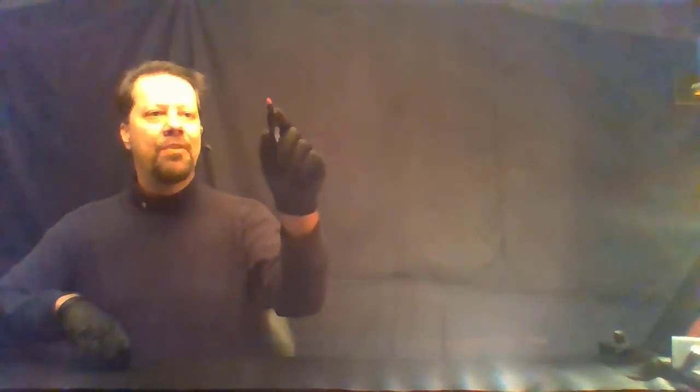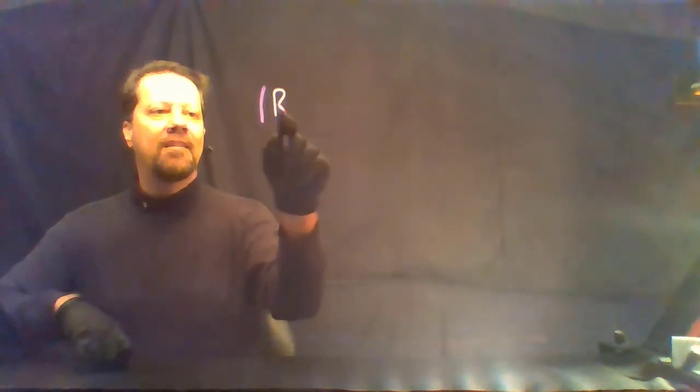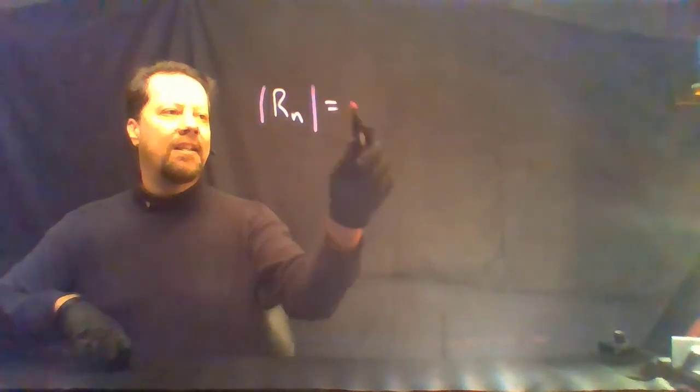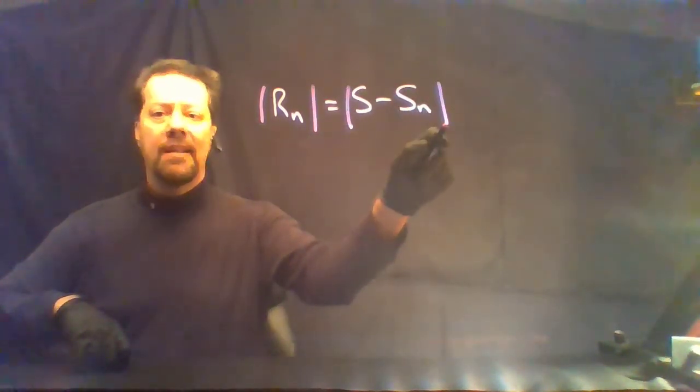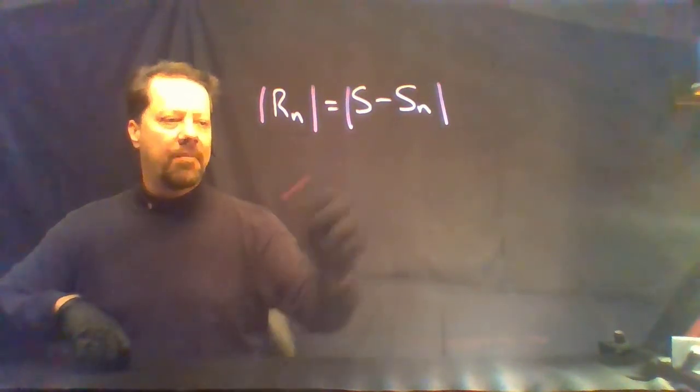Continuing with the proof, you can see that R_n is going to be the sum minus the nth partial sum.